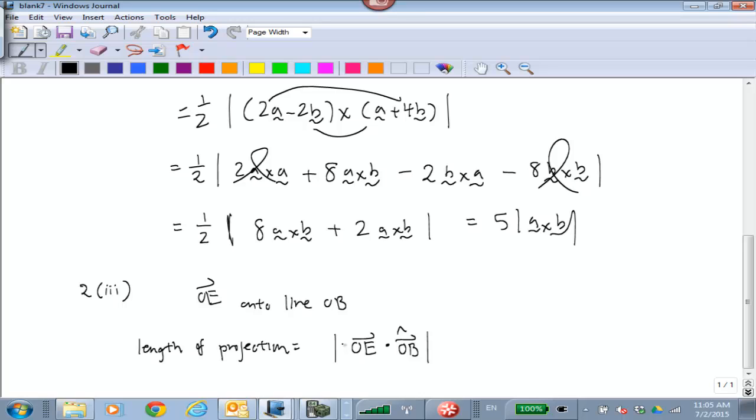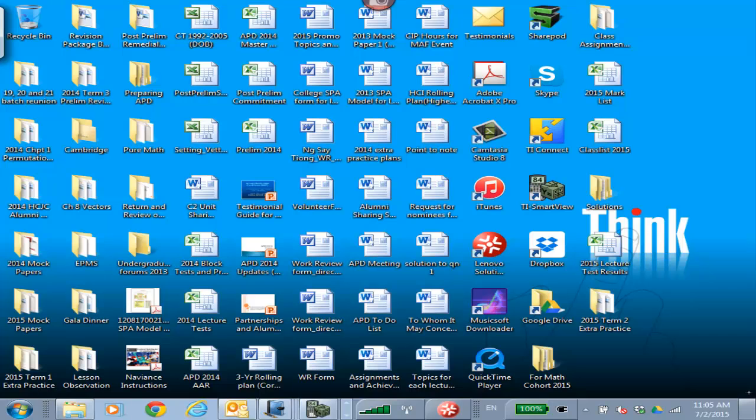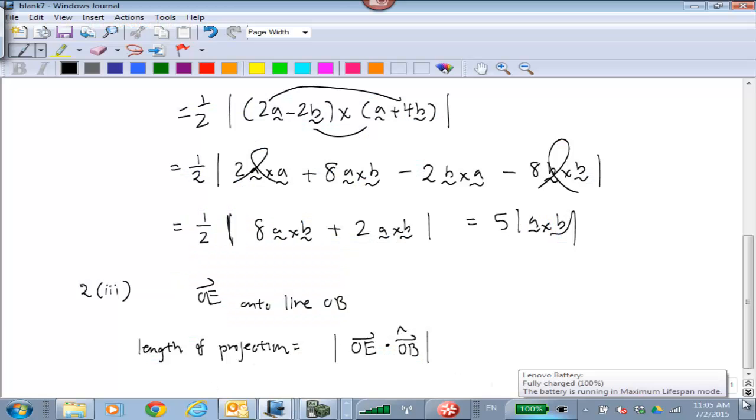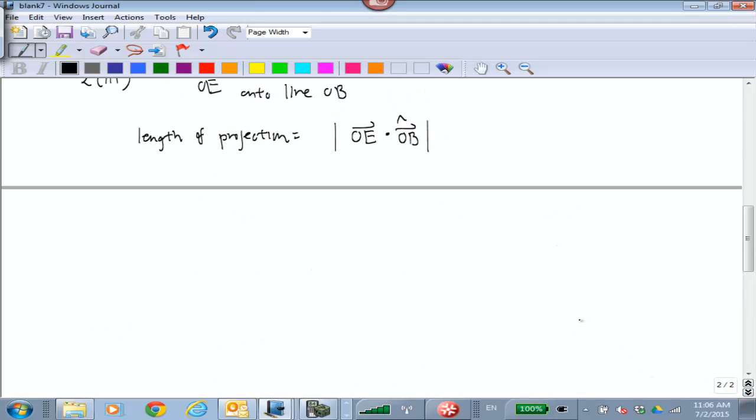Make sense? Okay, what is E? I just now forget already. What's E? 3A minus B over 2, right? Dot B hat. Okay, how to handle the hat? You are staring at my screen and not reading the question.